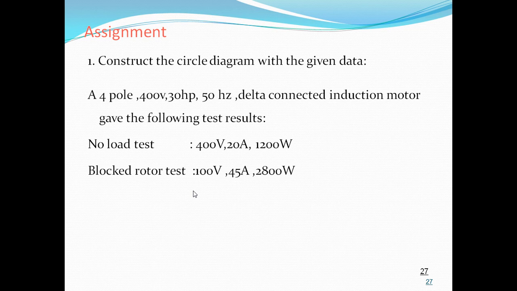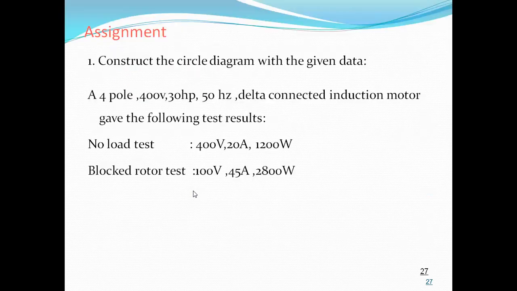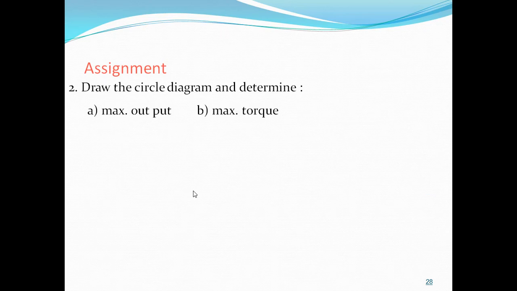And next, blocked rotor test is 100 volts, 45 amps and 2800 watts. So what do we have to calculate from this?